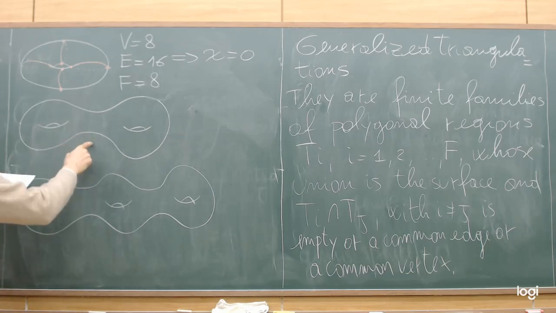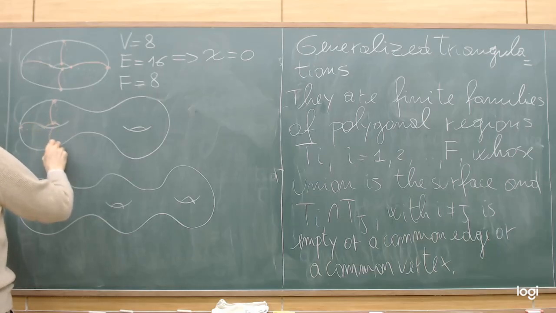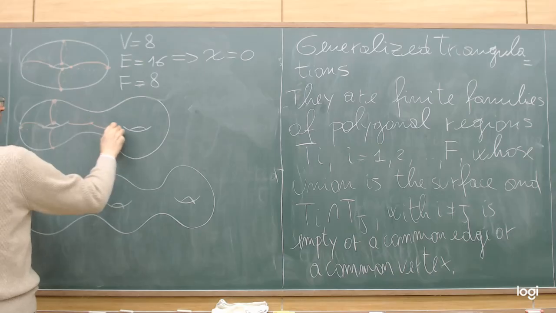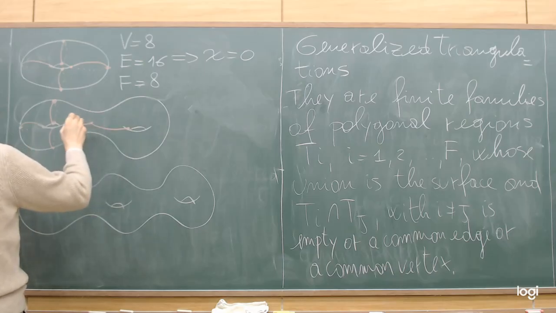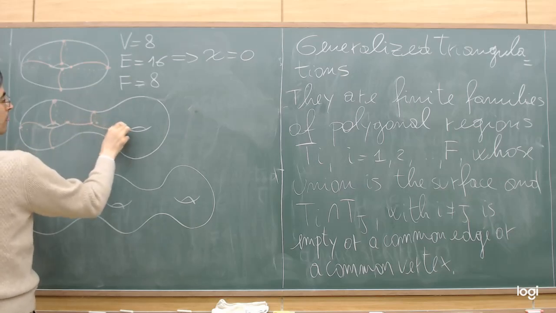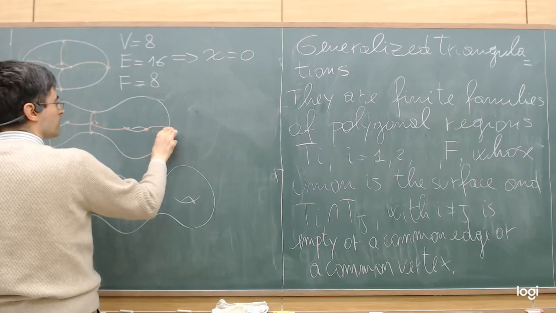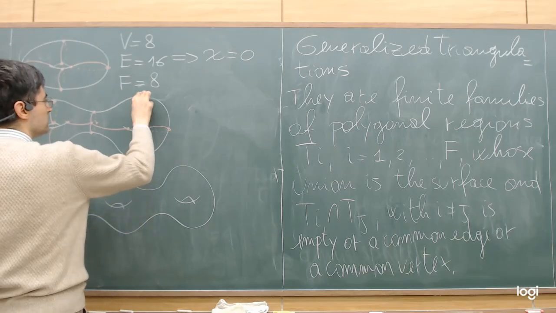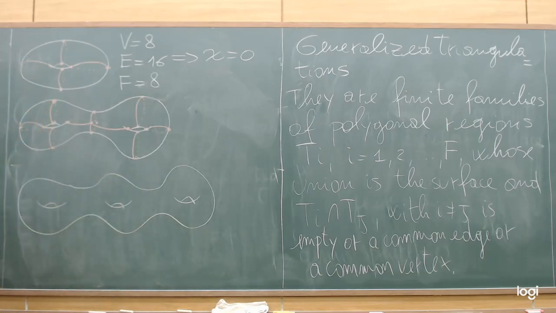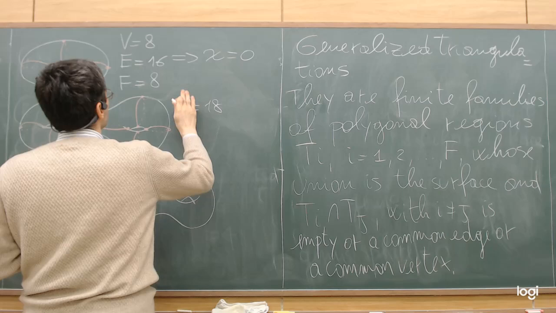If you do the same with this, so you consider this triangulation here, you will see that the number of vertices is 18.